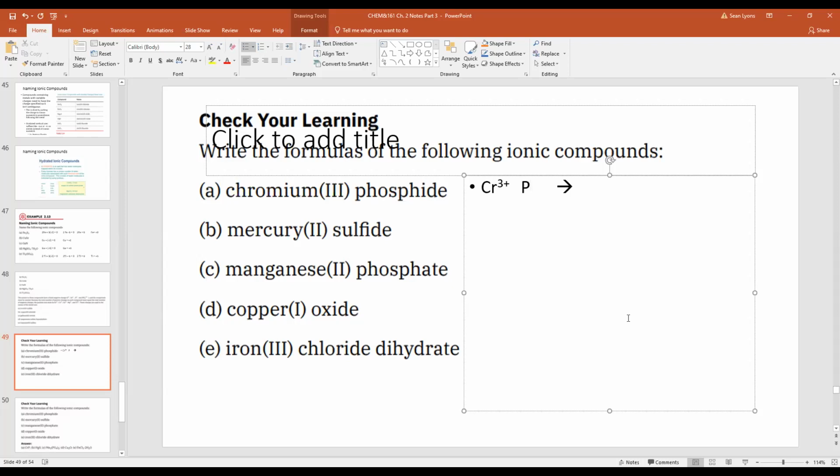And if we look at the periodic table for the phosphorus, it's going to be in the 15th group. So it's going to be a -3 charge. So with this one, we could do the crisscross method, but remember, if you do that, you're going to wind up with Cr3P3. We want to reduce those subscripts as much as possible. So we just have CrP. And remember, when we've got equal charges but opposite sign, we can just have those in a 1-to-1 ratio. So for chromium 3 phosphide, we would just have CrP.